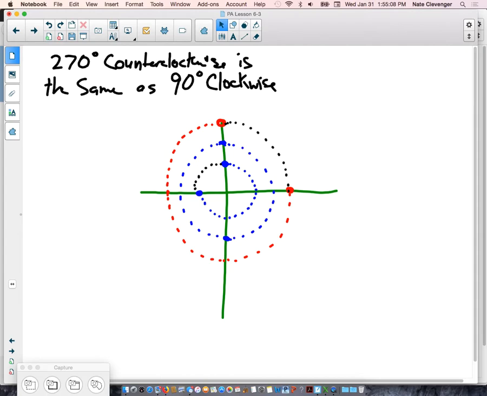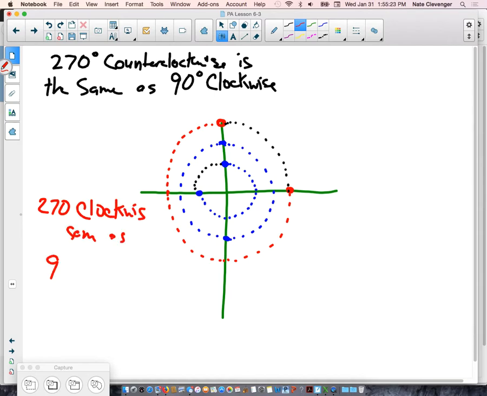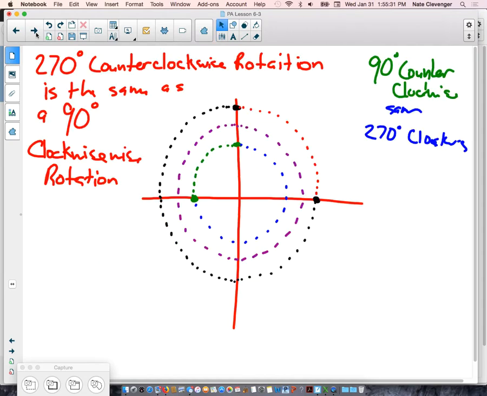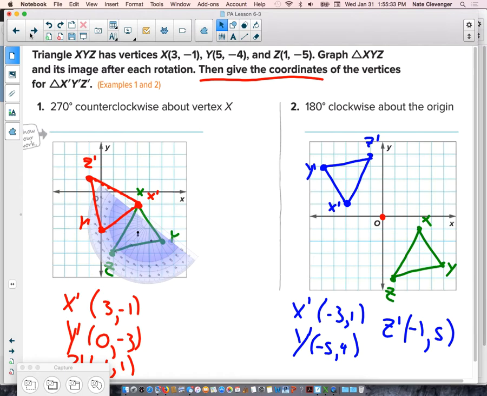But it is important to know that a 270 degree counterclockwise is the same as 90 degrees clockwise, or that a 270 clockwise is the same as a 90 counterclockwise. Okay. All right. We did this yesterday, didn't we? Yes, we did.